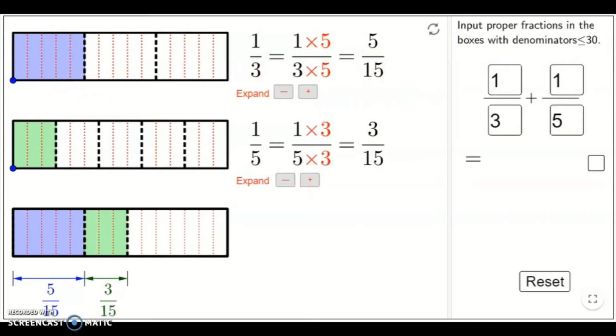I get 1, 2, 3, 4, 5 out of 5, 10, 15, and here I get 1, 2, 3 out of 3, 6, 9, 12, 15. So I've got 5 15ths plus 3 15ths, which will give me 5 plus 3 is 8 15ths.